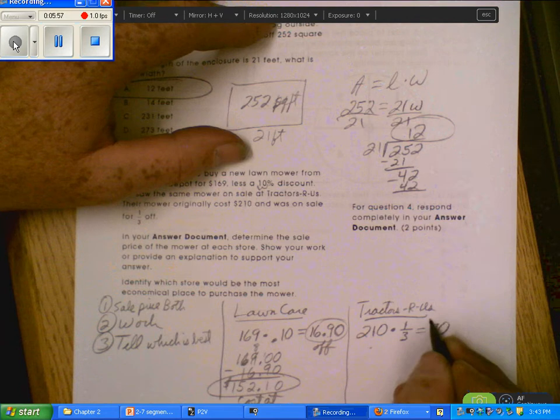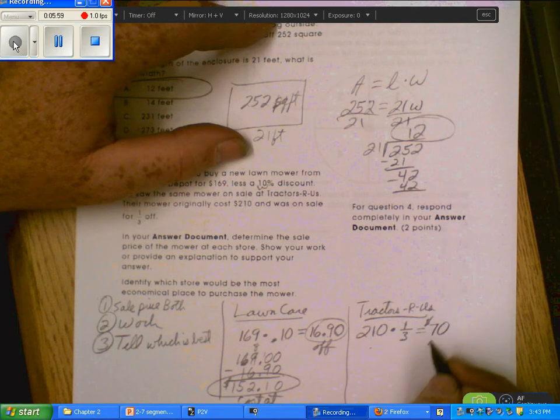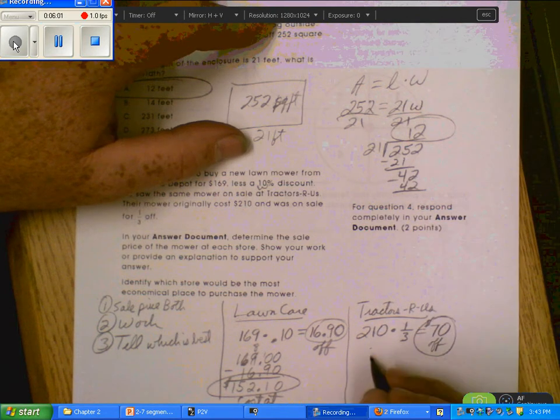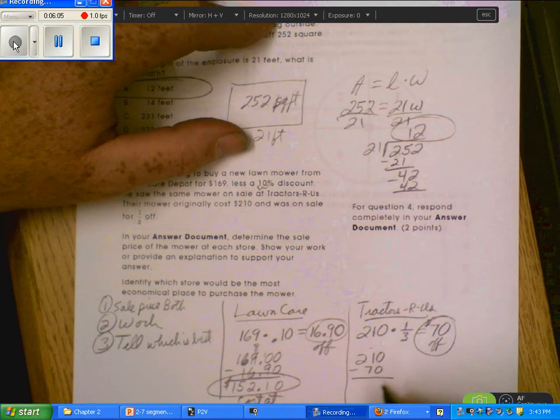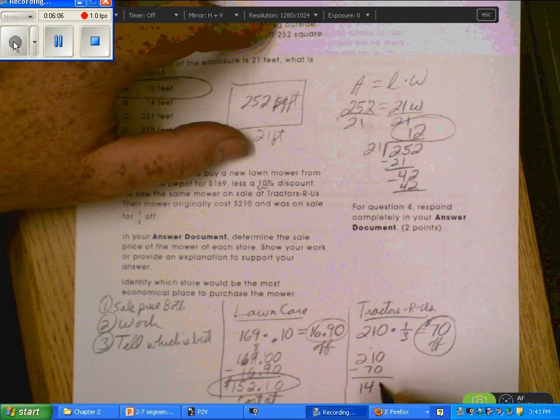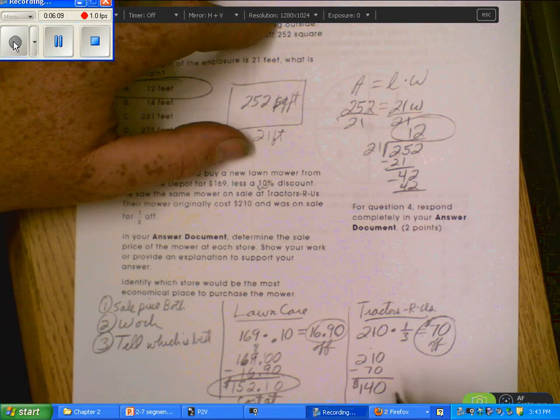Well, the mower's not going to cost $70. That's the amount off we're getting. So then we take the 210, subtract off 70, we get $140. This is the cost at Tractors R Us.